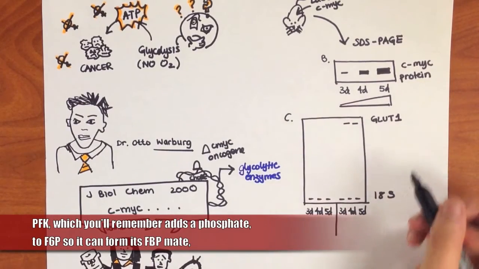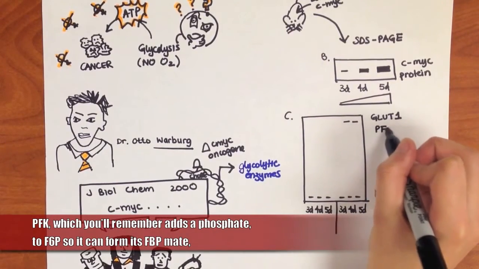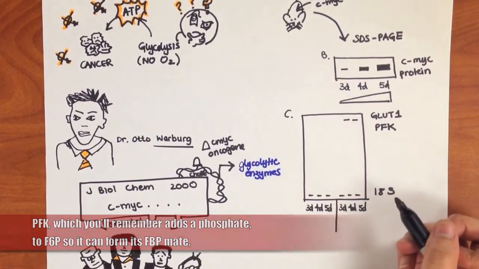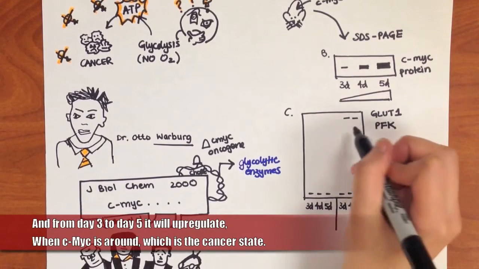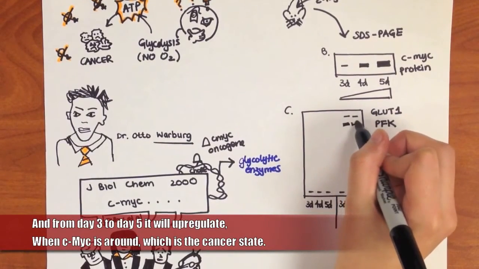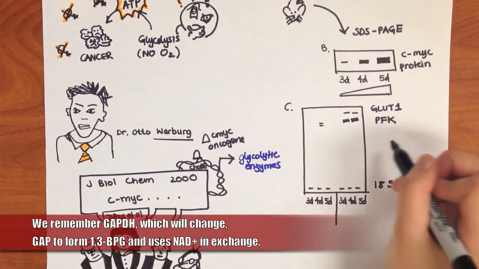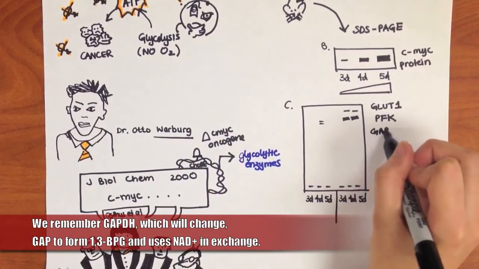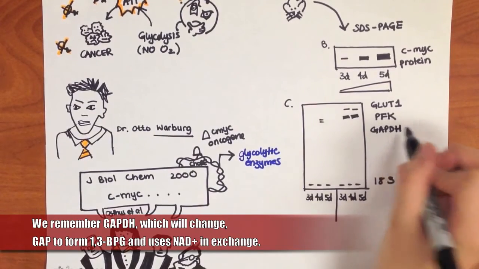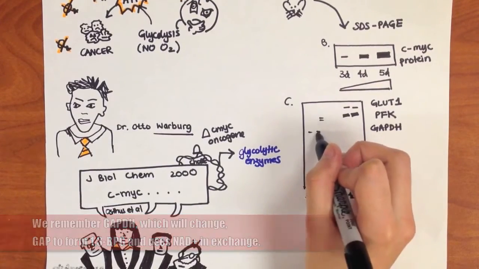PFK, which you'll remember, adds a phosphate to F6P so it can form its FBP mate, and from day 3 to day 5 it will upregulate when c-Myc is around, which is the cancer state. We remember GAPDH, which will change GAP to form 1,3-BPG and uses NAD+ in exchange.